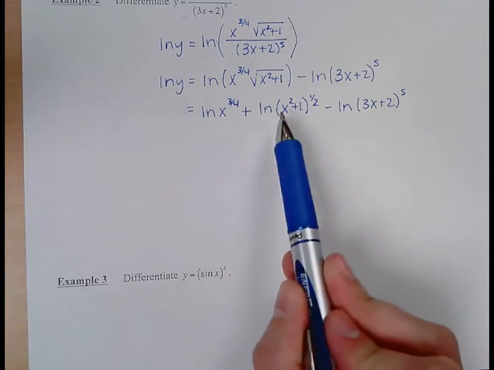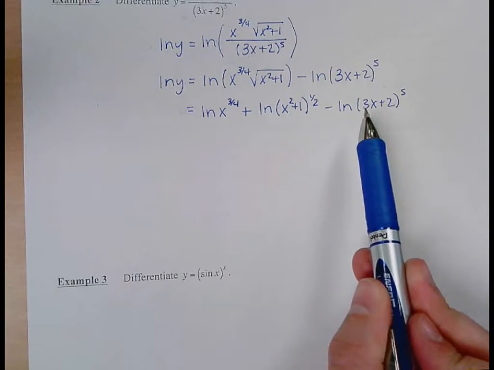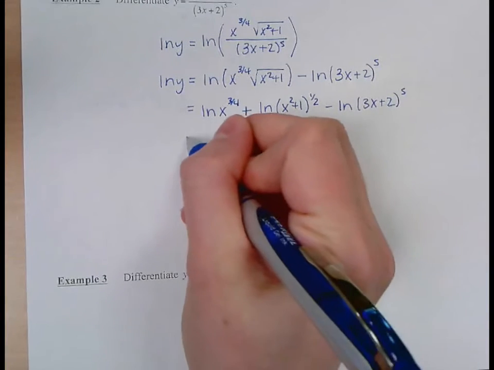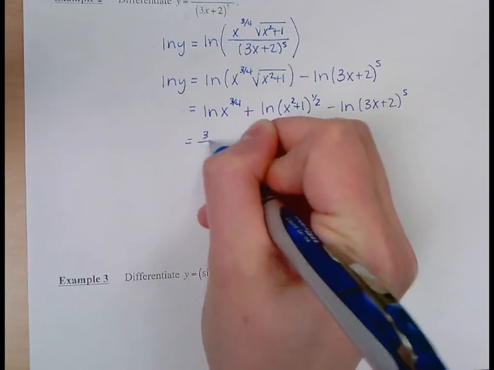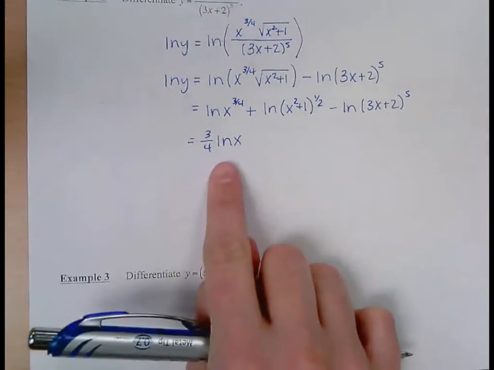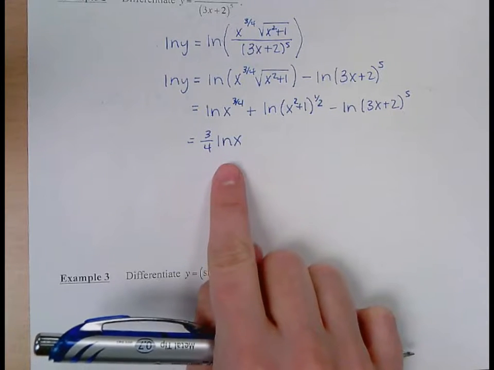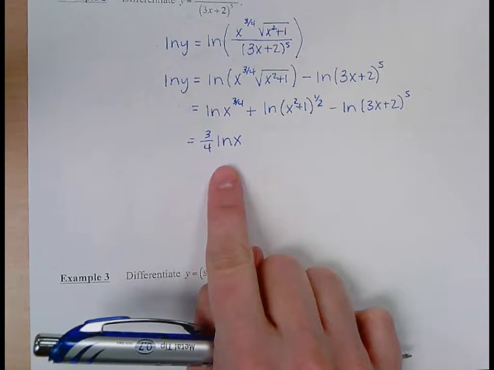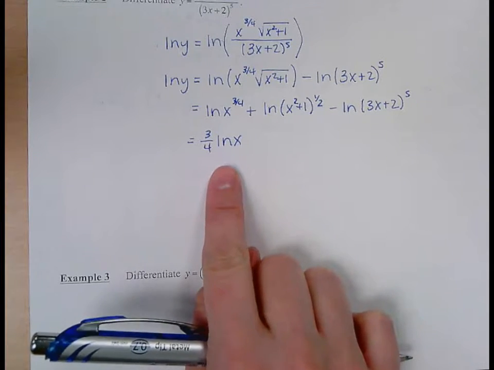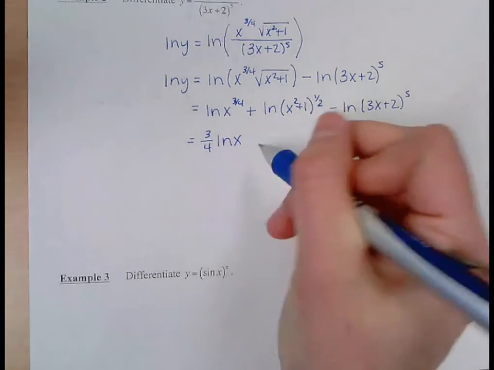And then all of these natural logs are the natural log of something to a power. All of those powers can be brought down in front. So I have 3/4 natural log of x. And now even if you just look at that one term, that derivative is going to be simple because it's just the derivative of natural log of x. There's not even a chain rule for that one term.